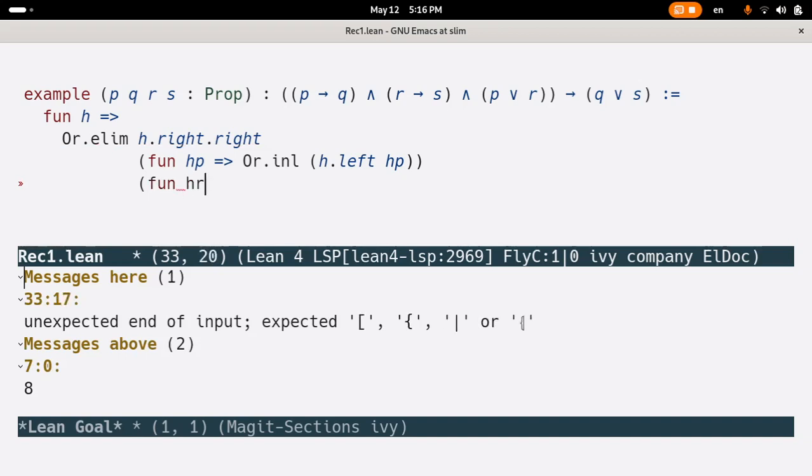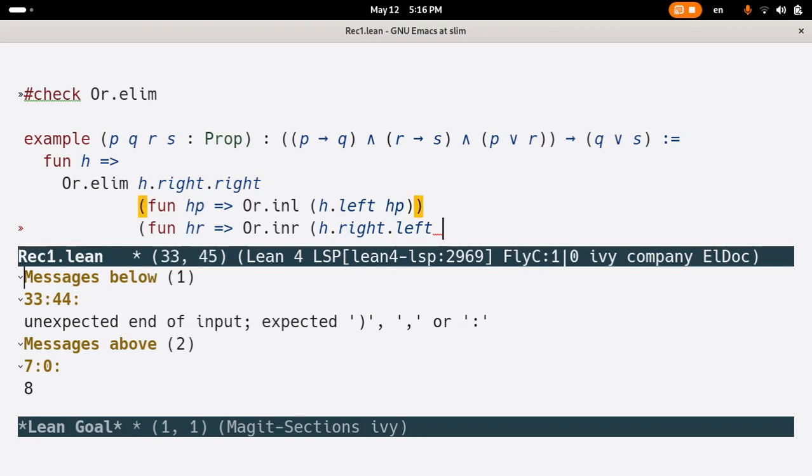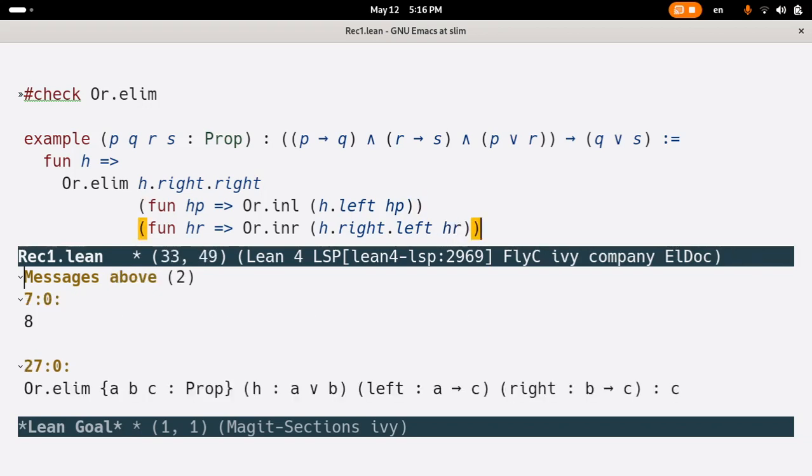On the other hand, the only other case is if R is true, in which case we can conclude that S is true by applying R implies S to the proof of R, and the proof is complete.